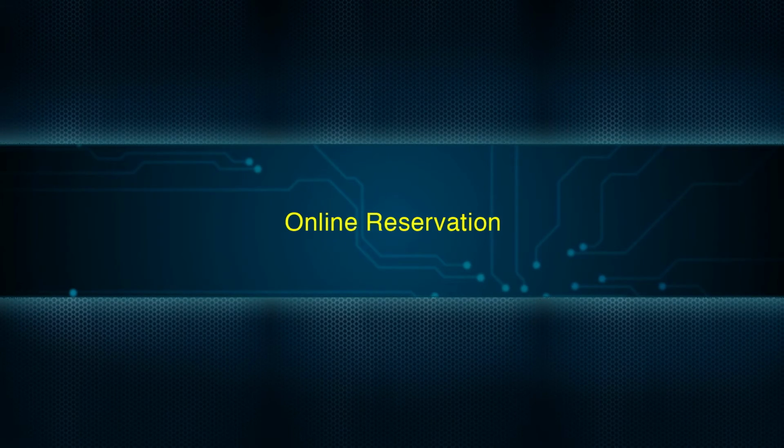Online reservation. A computer reservation system or online reservation system is a computerized system used to store and retrieve information and conduct transactions related to air travel, hotels, car rental, or other activities.